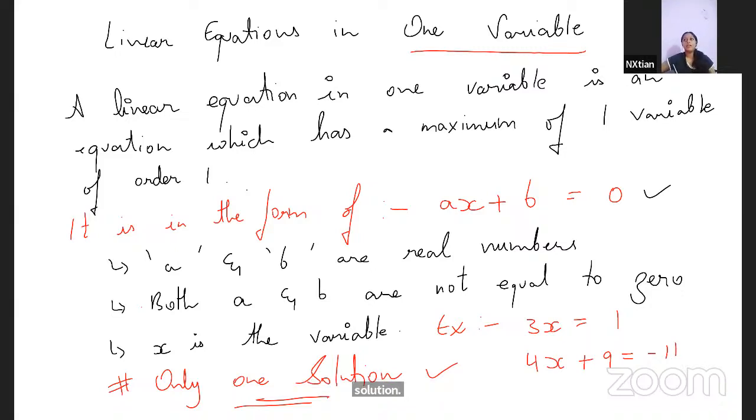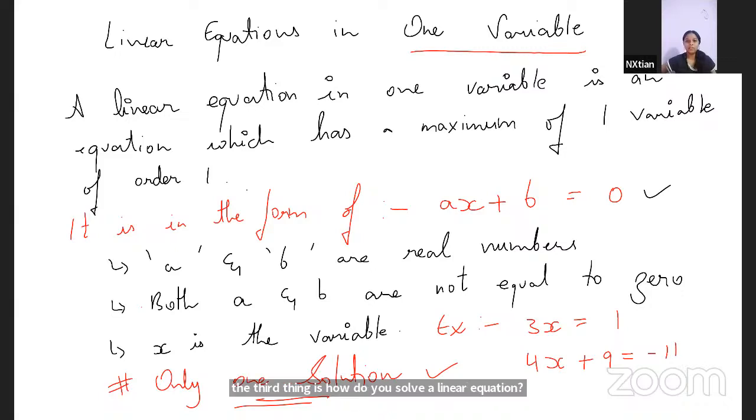Now, three things I will be explaining in this chapter as we move forward. One is creating the equation when we are given a statement, forming an equation out of it. The second is when you are given an equation, how do you form its statement? And the third is how do you solve a linear equation?